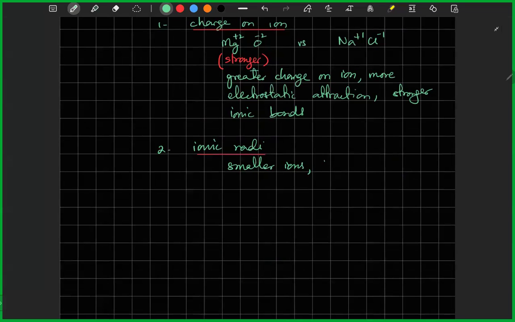Smaller ions have greater charge density, which leads to more attraction.